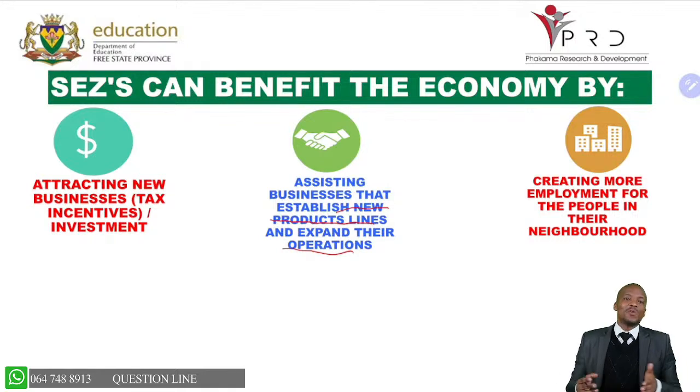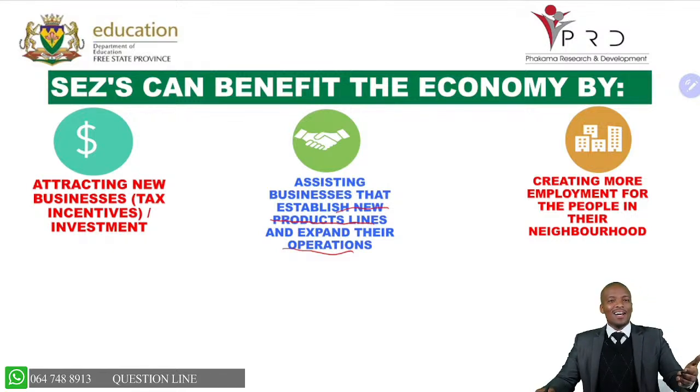Are they proudly produced products, or do they come from other countries and are then imported into our country? So the product lines that are established help us as a country to be competitive on the global market. That is why we always say that if you take a plane, maybe you go to Swaziland, or you go to Mauritius, once you buy water, just look at where it was manufactured.